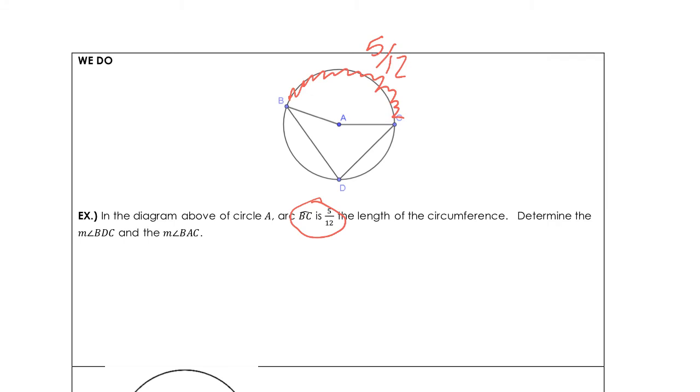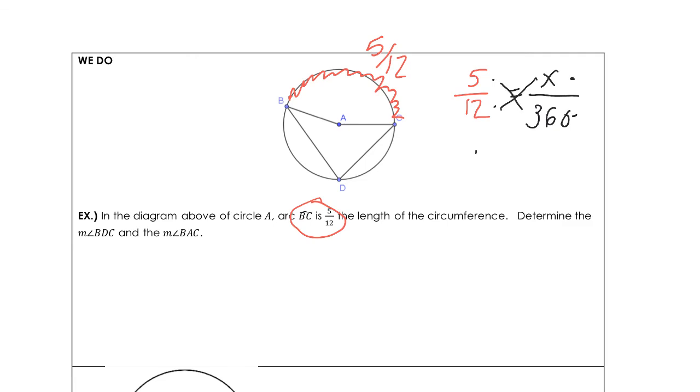Determine the angles. Okay, well, 5 out of 12, so part over whole. I know that's equal to some degrees out of a whole circle, which would be 360. So I could figure out the degrees that BC is. It's just a proportion, 5/12 of the circle. So 5 out of 12, part over whole, equals part over whole for the full circle.